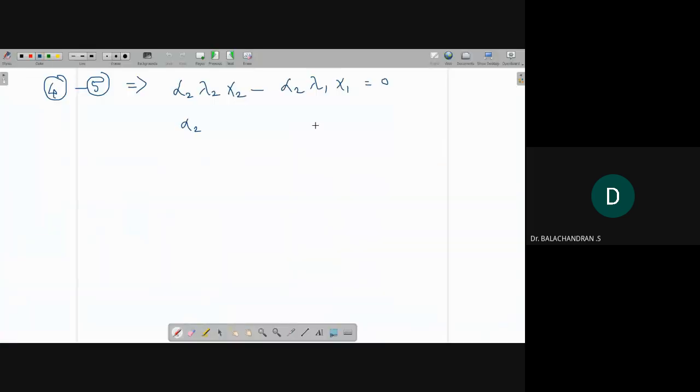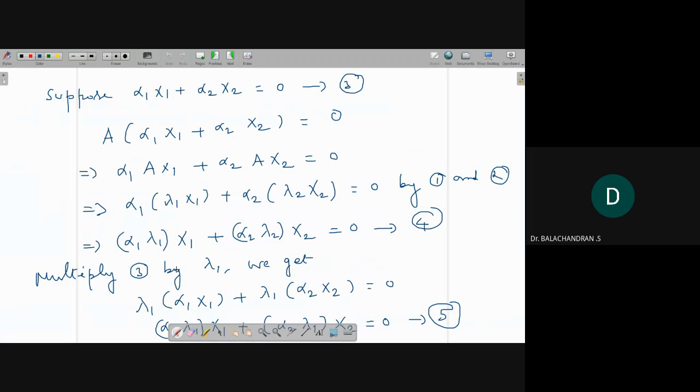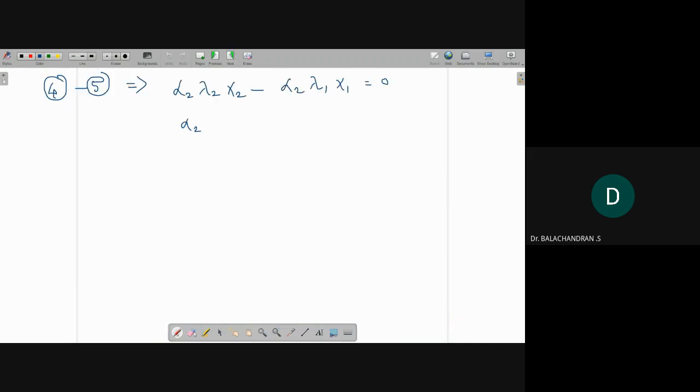I think I need to change this one to x2. So alpha 2 is common and x2 is also common. So I will write alpha 2 into lambda 2 minus lambda 1, into x2.